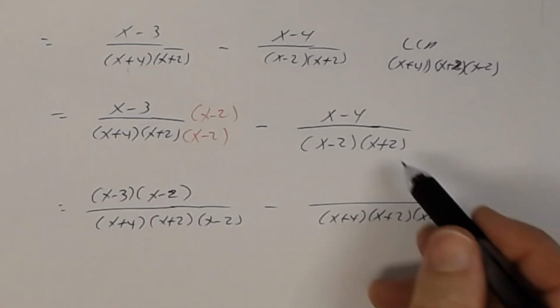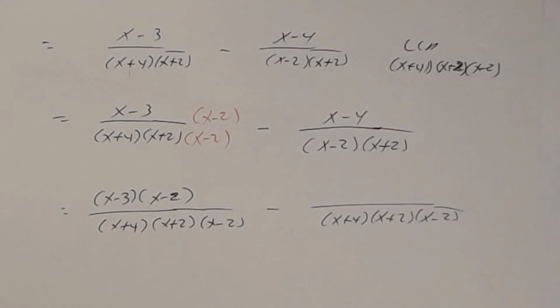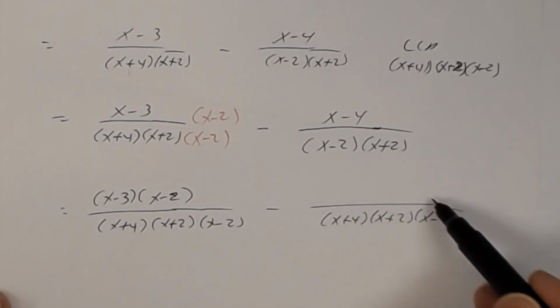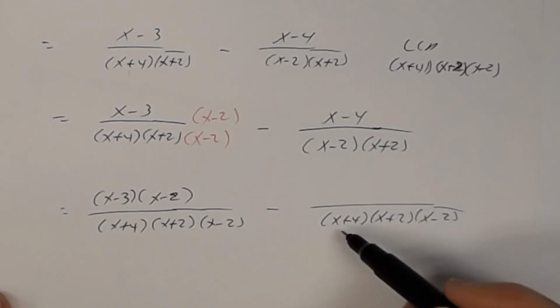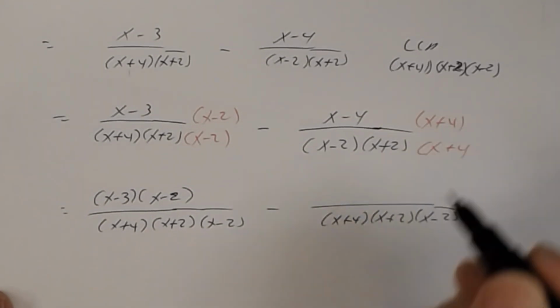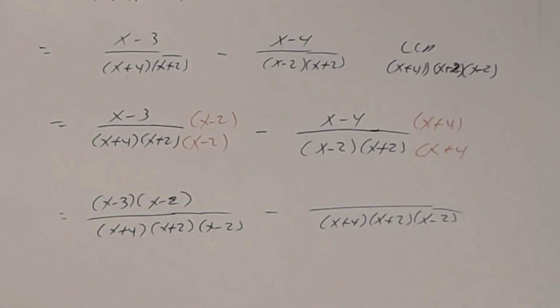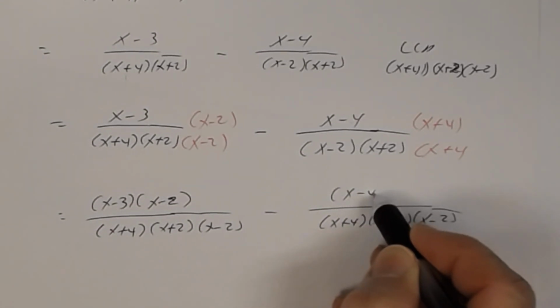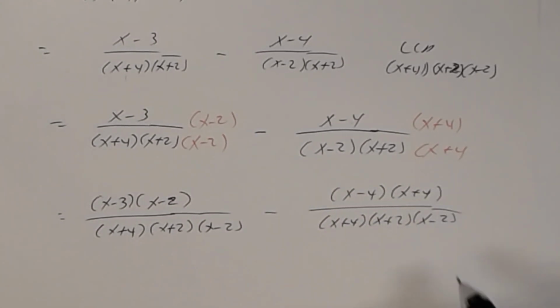Subtract. All right, let's talk about this one now. So this one, you have the x minus 2's, right? You have the x plus 2, but you're missing the x plus 4. So you're going to say times x plus 4. Okay? And then be careful, this is a binomial times a binomial, so put that binomial in parentheses, just like this.